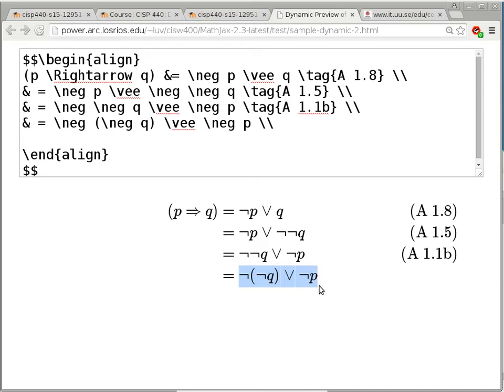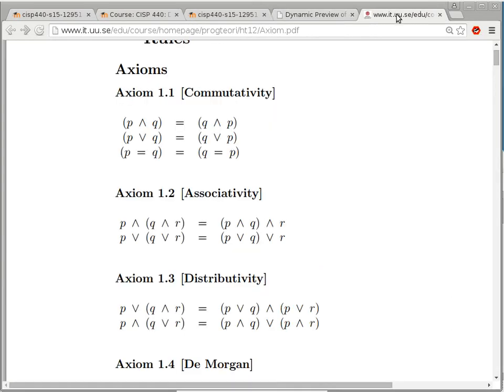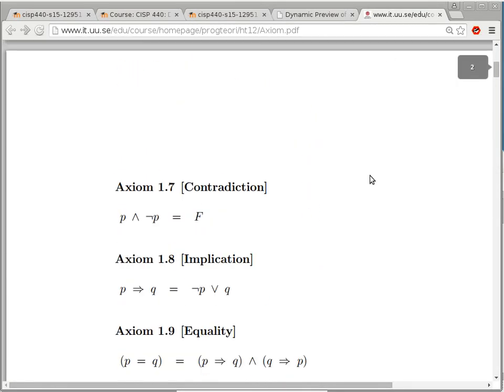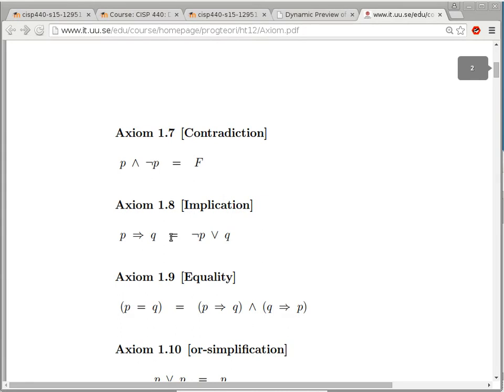Now, every time you see something that has this pattern of not something or something else, you can go back to the axiom, go to axiom 1.8 and say, hey, if I see this, I can reverse it back to this side. In other words, every time you see the negation of something or something else, you can say it is, another way to say that is, something implies something else.